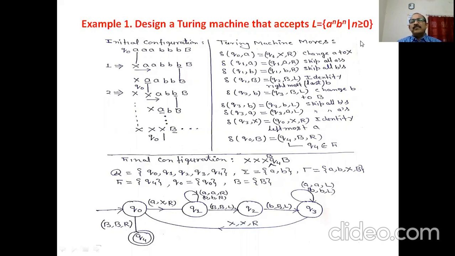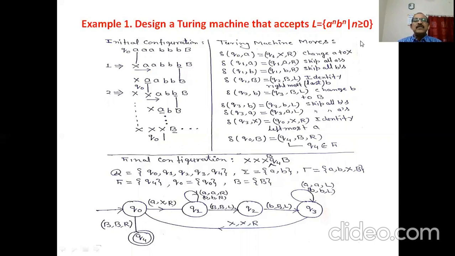Here you can see that in this language, all words have a consecutive number of A's followed by a consecutive number of B's. That is the first point. And also the number of A's should be equal to the number of B's.